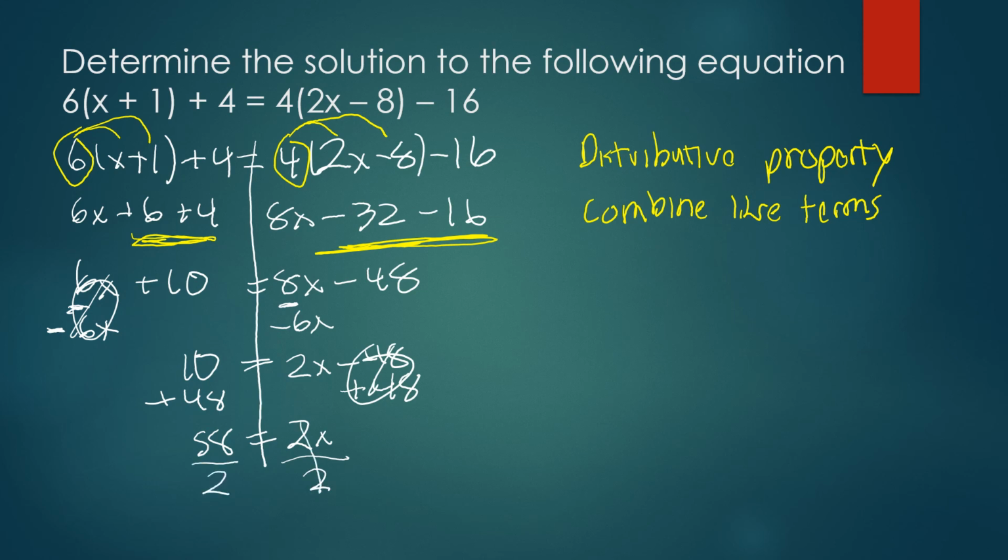Divide by 2 over here. So 58 divided by 2 gives me 29 is equal to x, or you can write it as x is equal to 29, your call. Now you can always take this and substitute it back into your equation to see if you did it correctly. Now I'm just going to go back and complete the notes.